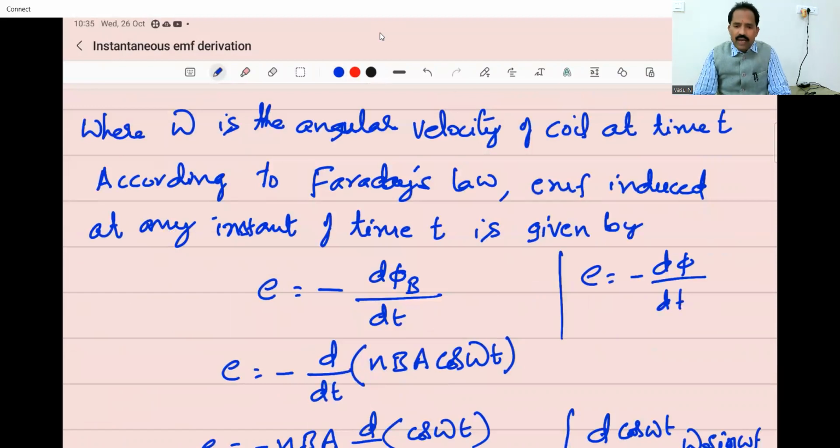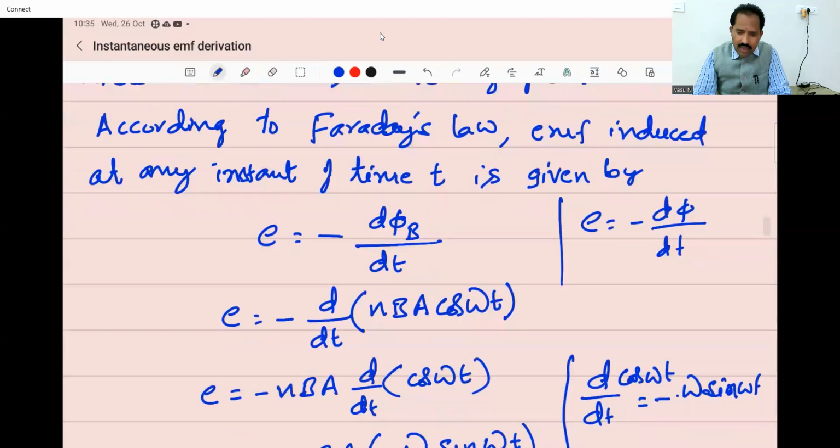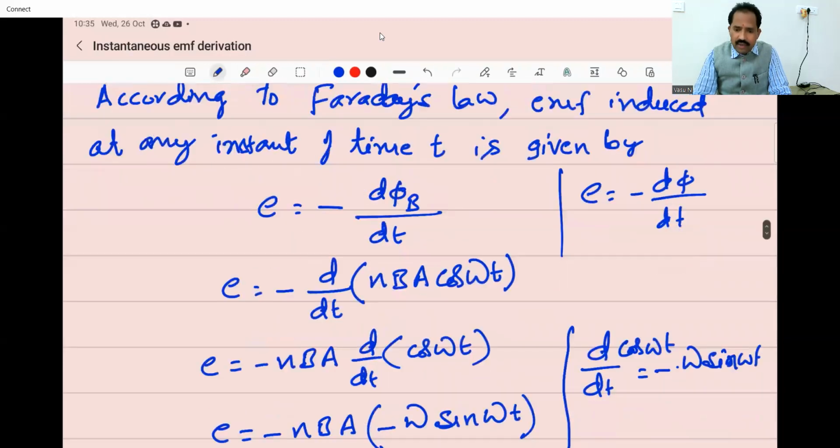Now E is equal to minus d by dt of, substitute for phi B, magnetic flux, NBA cos omega t, or E is equal to minus NBA d by dt of cos omega t, because you can take out NBA out of the differential sign.